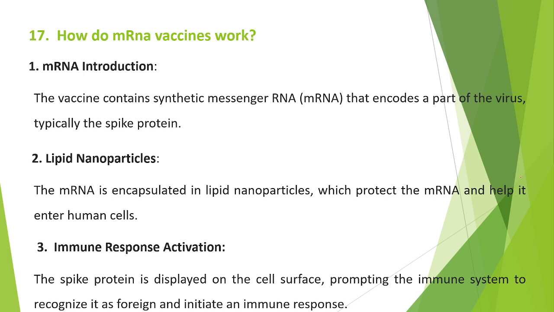Messenger RNA vaccines use a synthetic form of messenger RNA to instruct cells to produce antigen, triggering the immune response. Here are some key points on how it works. First, we have messenger RNA introduction.